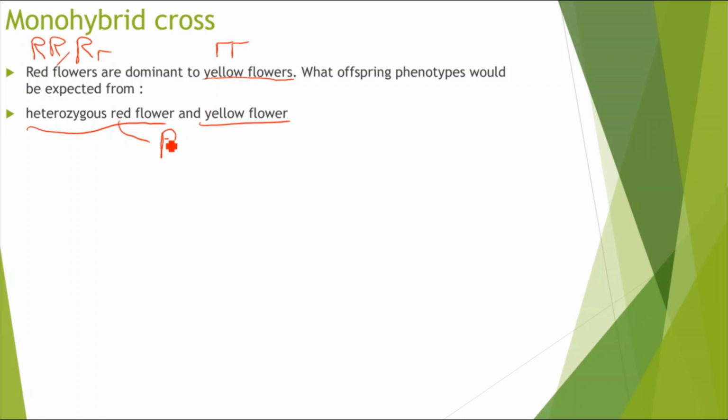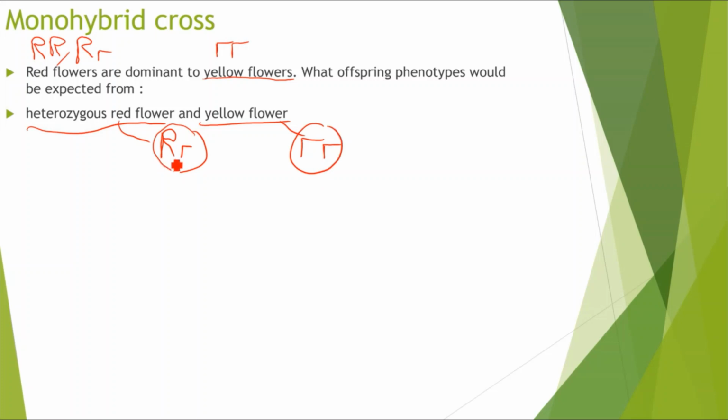I know heterozygous would be different alleles, so it would be a capital R and a lowercase r, because we can't have both capital R, as that would be homozygous dominant. And looking at a yellow flower, the only option is to have both recessive, so that would be both lowercase r. To cross them, we basically split the alleles for both of them.